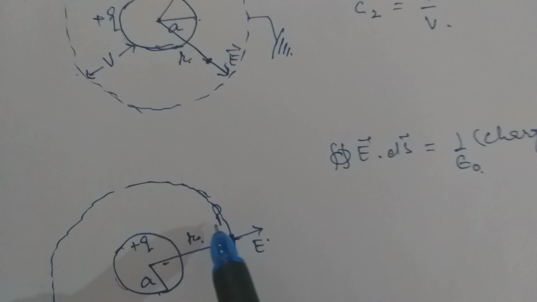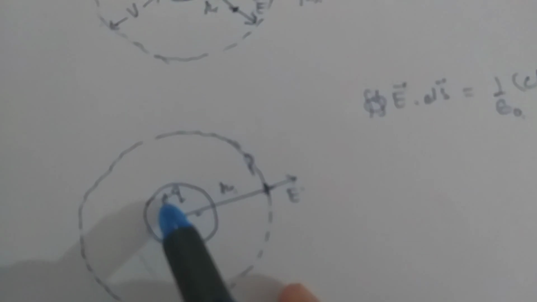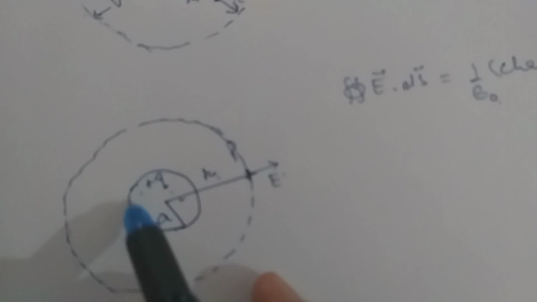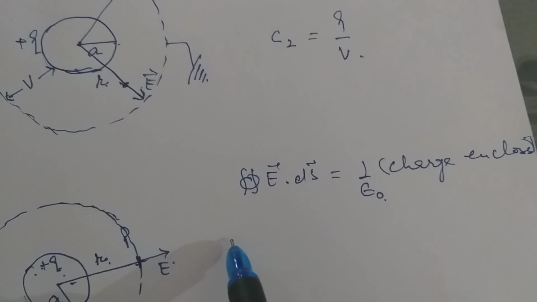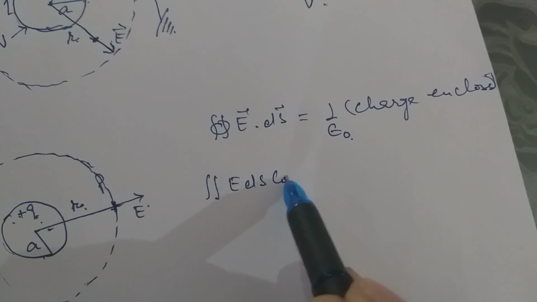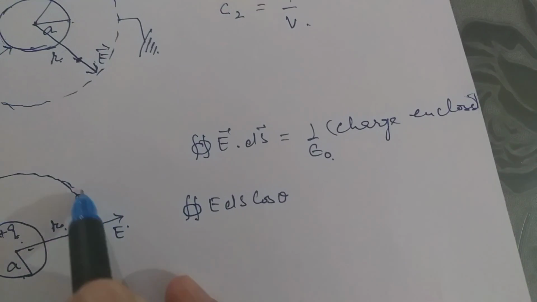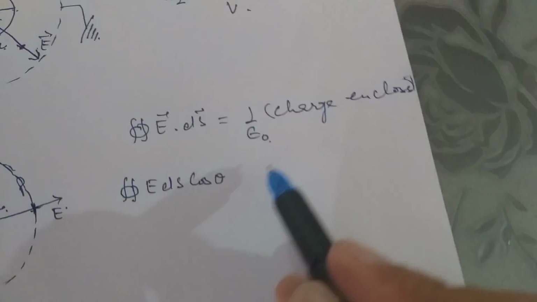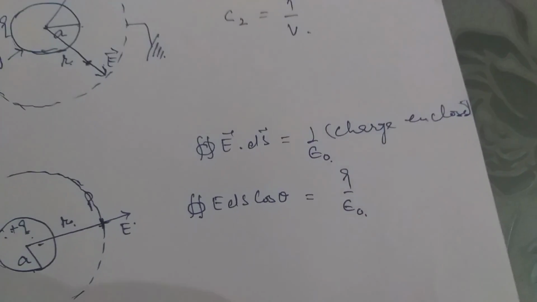by the Gaussian surface, and the charge enclosed by this Gaussian surface is plus Q, that is the charge on the conductor. So the surface integral of E ds cos theta over the closed spherical Gaussian surface is equal to Q upon epsilon naught.